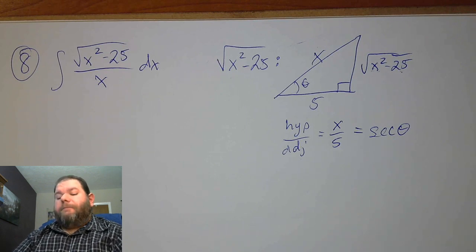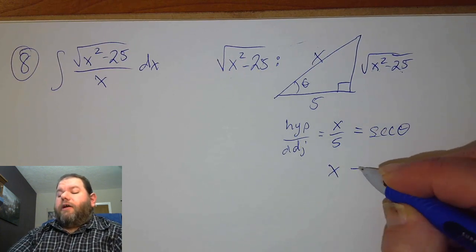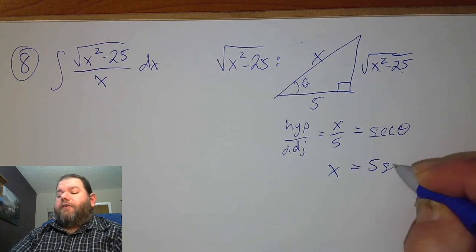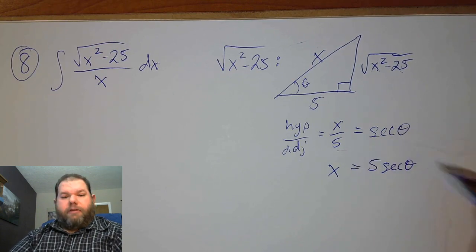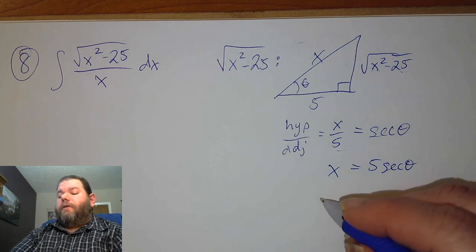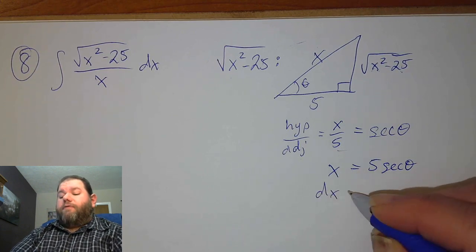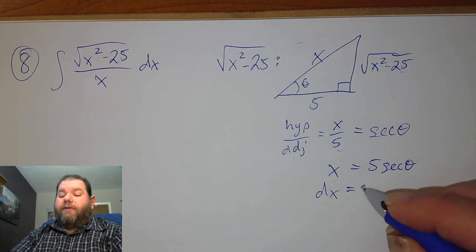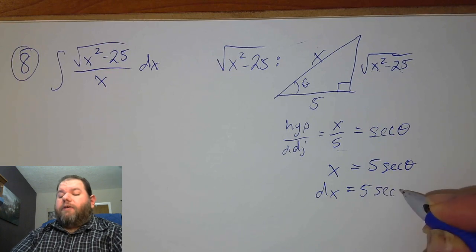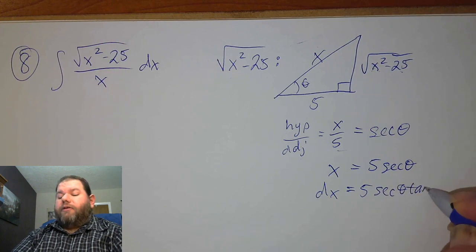So hypotenuse over adjacent is secant. It's a reciprocal of cosine. So we can say that x is actually equal to 5 secant theta by multiplying by the 5. Additionally, we can take the derivative of that and say dx is 5 times secant theta tangent theta, d theta.